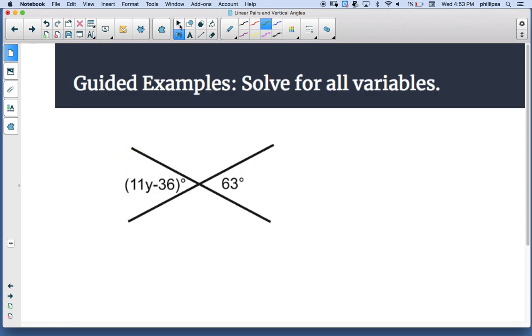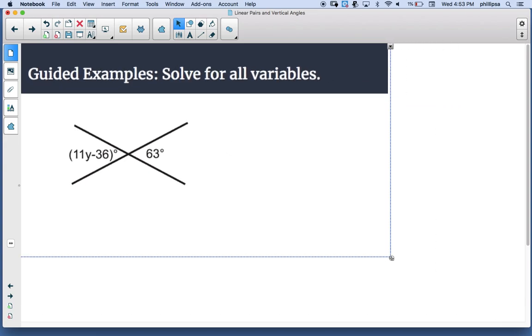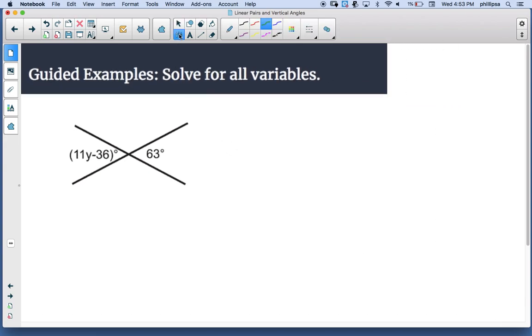We'll step up the algebra a bit with this example, but it's certainly not any more difficult, okay? So we should note that these are not adjacent. They do not share a side, okay?